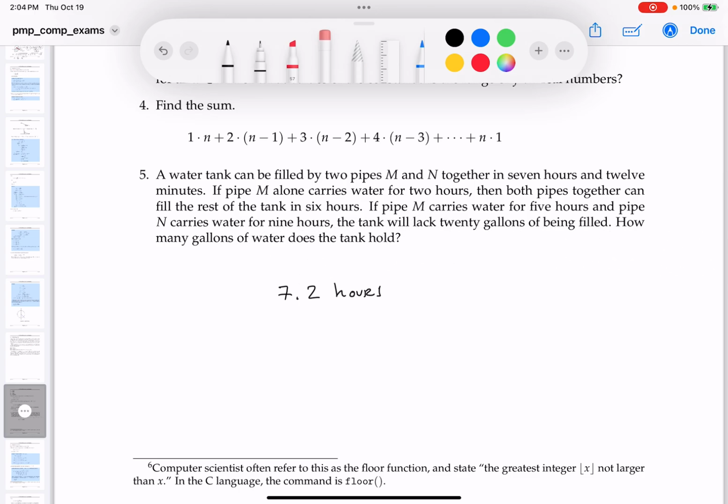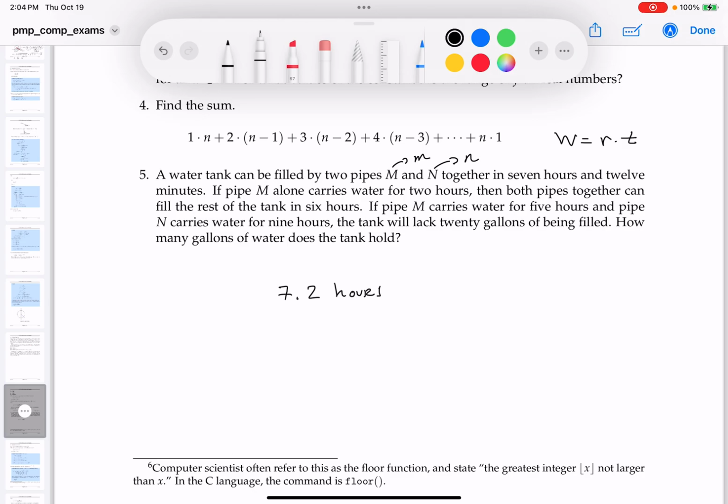I don't need it anymore. And I'm going to start thinking about it. And what do I know? I don't know the rates of these machines here. They're pipes. To me, they're machines, by the way. But I'm going to say it's a work problem, and work equals rate times time. I'm going to say the rate of M is lowercase m, and the rate of N is lowercase n.